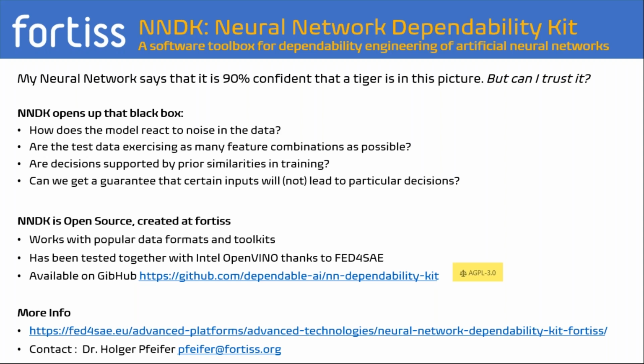You want to be able to reach into these neural networks and understand how the model reacts to noise in the data, how the model is supporting the decision-making process, and whether any decisions are supported by previous similarities in the training. The whole idea here is to get dependability and confidence in the inference process.